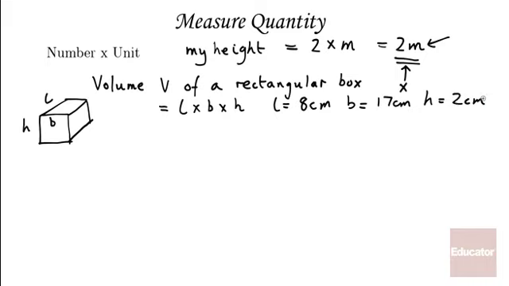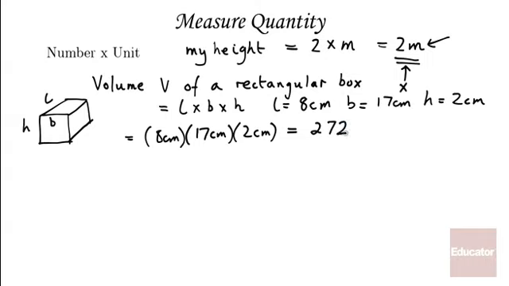Then the volume of the box is clearly 8 centimeters. Notice we are including the unit along with the number. 8 multiplied by centimeters times 17 centimeters times 2 centimeters.